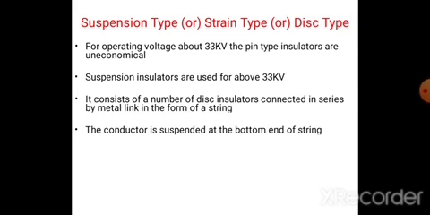Suspension type insulators are used for above 33 kV. It consists of a number of disc insulators connected in series by metal links in the form of a string. The conductor is suspended at the bottom end of the string.